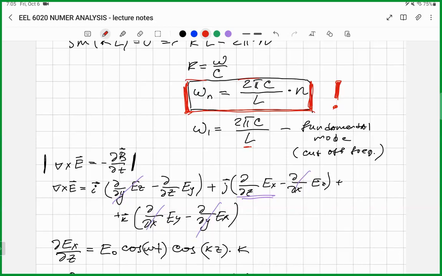The resonator is one of the most important things in electrical engineering. With any radio, when you tune the radio, you tune this omega to a specific frequency that selects the carrier frequency from the spectrum. Otherwise you would get a very noisy signal.